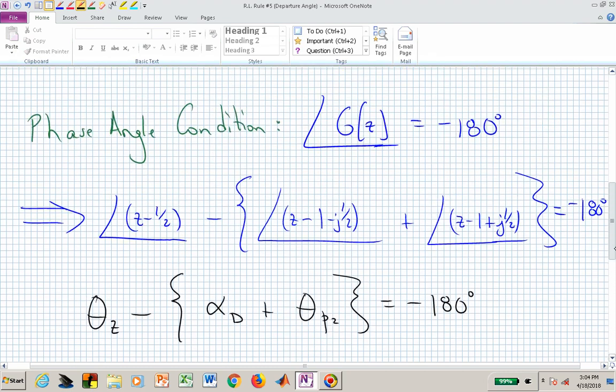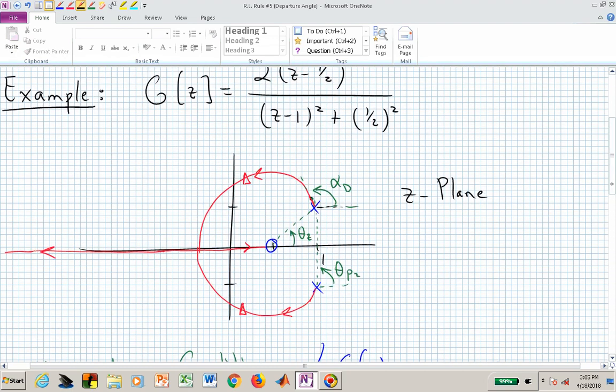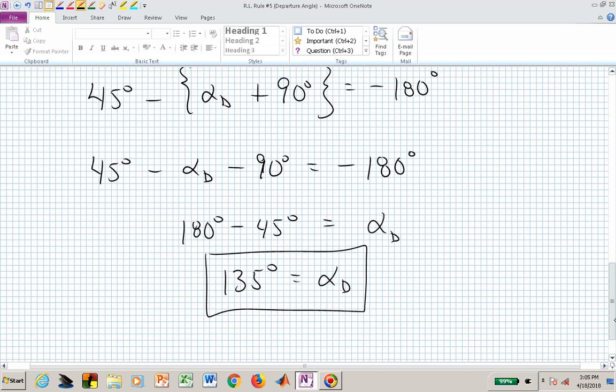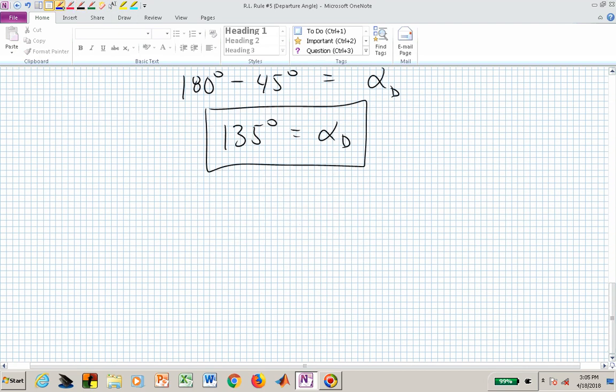That now tells us that we are departing from that pole right here. If this was our pole in the upper half plane, we are departing at an angle of 45 degrees up from the negative real axis, or 45 degrees beyond 90 degrees.